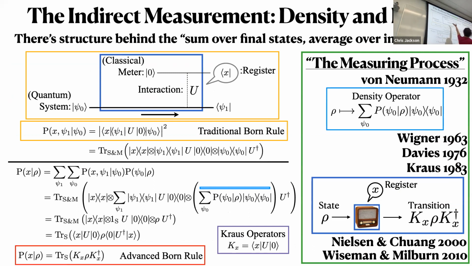The meter has its own set of choices: how it interacts with the system, what you prepare the meter in, and what kind of measurement you do on the meter. All of that makes different K's. Does that address your question? So regular notions of basis choice are in precisely these kinds of choices. Usually I think of this X as an outcome of a position measurement because I like the real line.